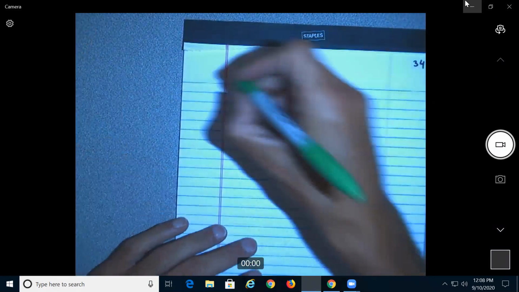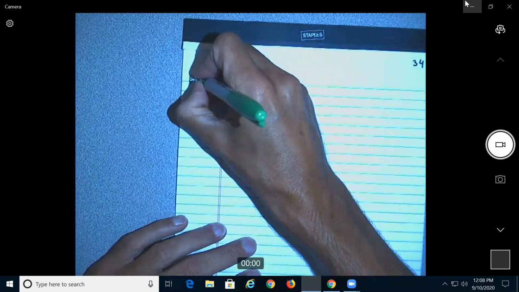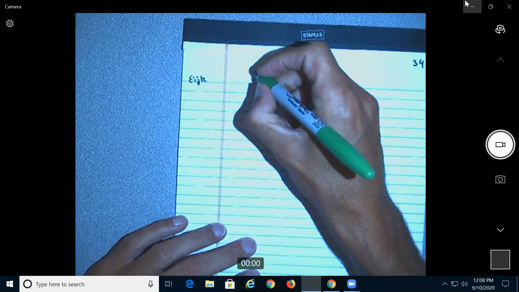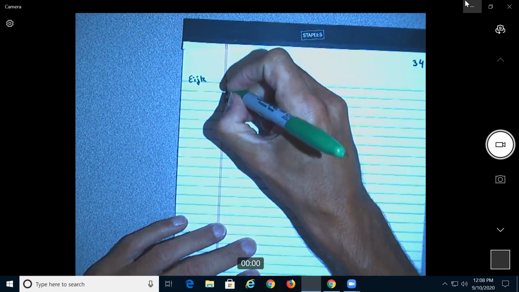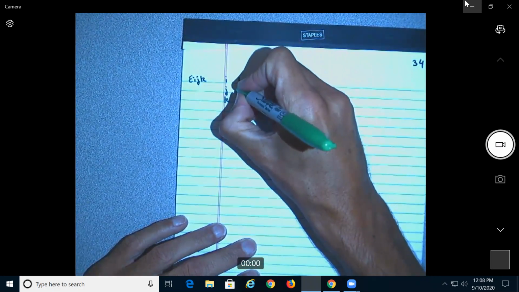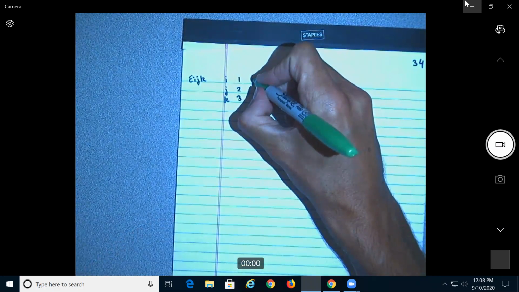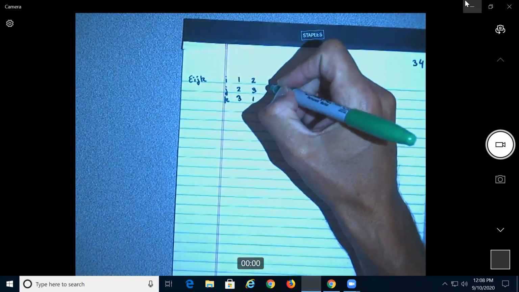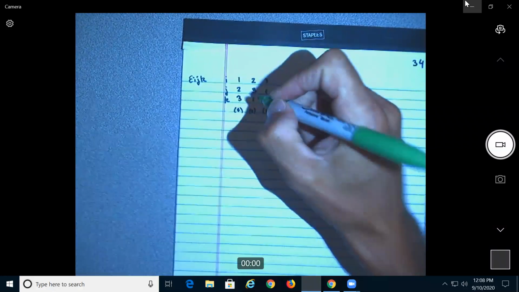So we know that for epsilon ijk, you have the options 1, 2, 3, 2, 3, 1, 3, 1, 2 will be positive, positive, positive, no?